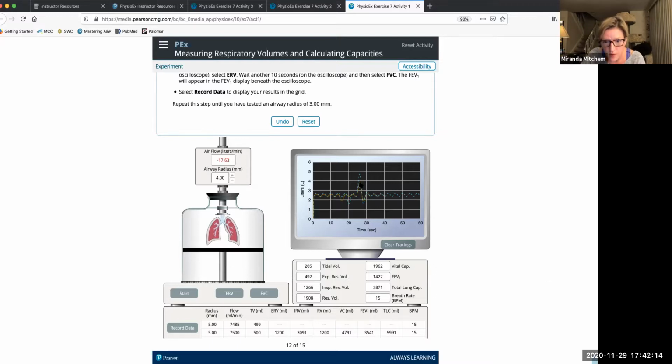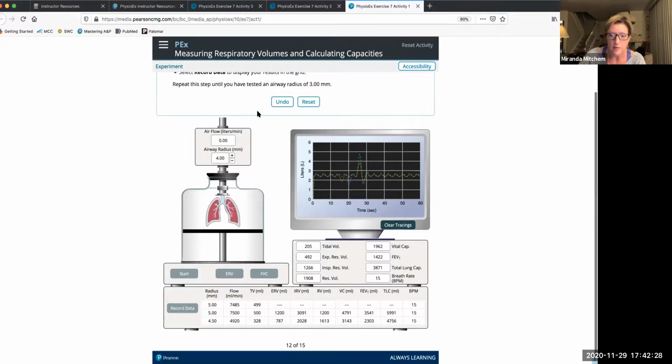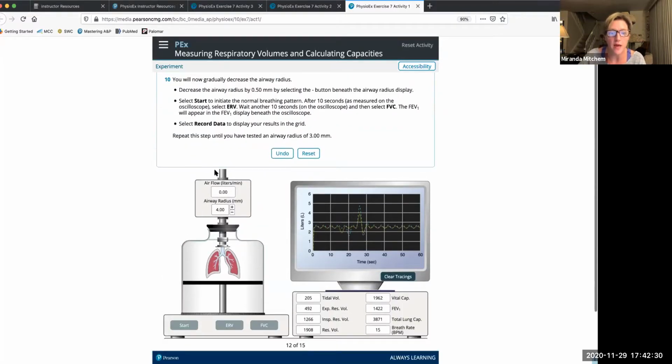All right, so notice that we're not getting as high as we were on our top peak or lower peaks even. We do have some differences. Let's go ahead and we'll do this and then we'll come back and talk about it afterwards. So now I'm going to go down to a radius of 3.5 millimeters and do the same thing. There we go.